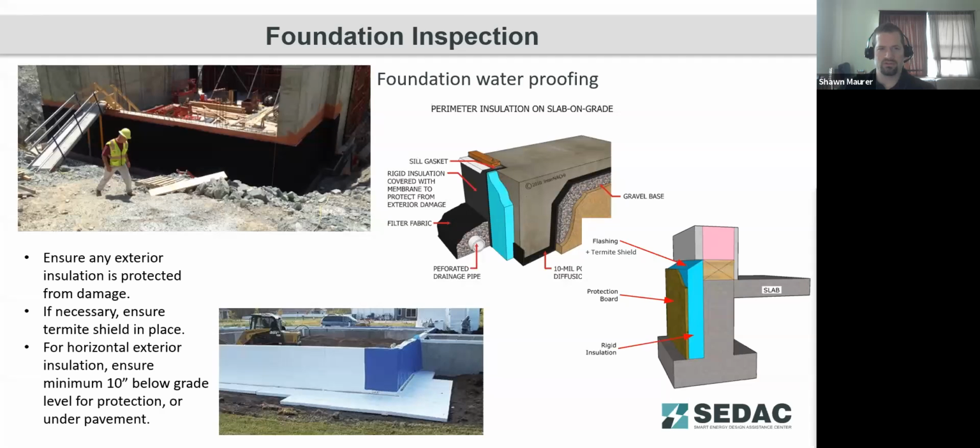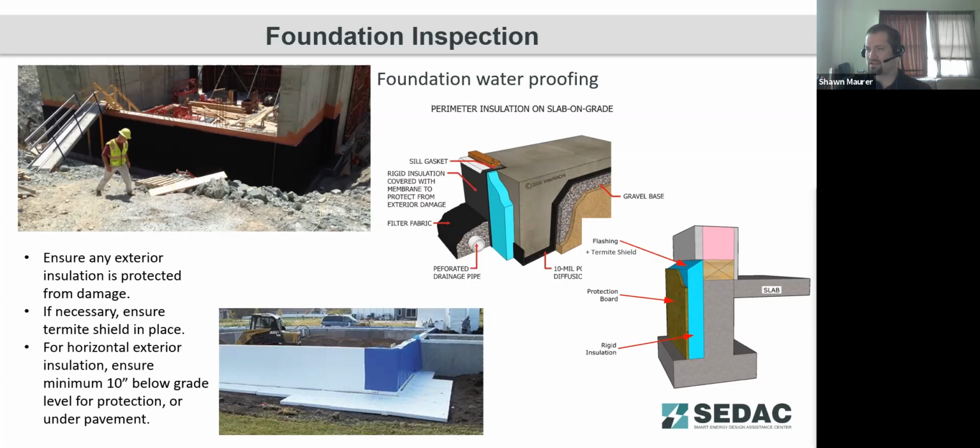On the top corner here, you're seeing that exterior waterproofing on the foundation. And if that also had insulation behind it, that waterproofing would go over the insulation and be a protective membrane there as well. So what you're seeing in the top center image there, you've got your rigid insulation covered with, usually we see an EPDM membrane for high durability.